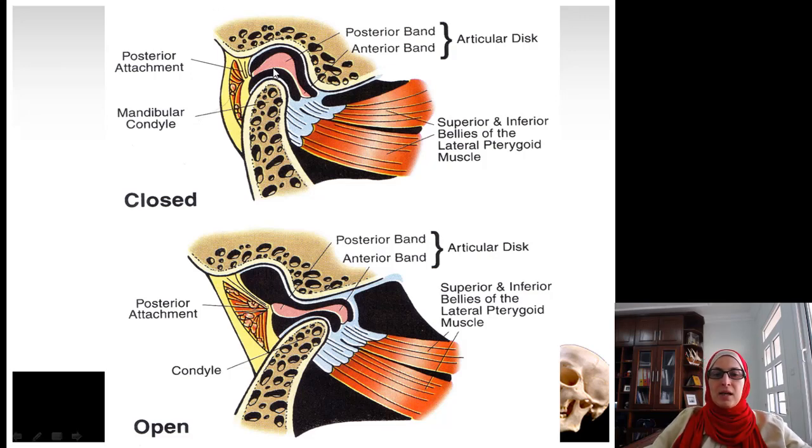It is important that you know that the disc is avascular and does not have nerve endings. So if we cut or squeeze this disc, there would be no pain. The nutrients are provided by the synovial fluids, and the blood supply and the innervation are only present in the posterior attachment here.